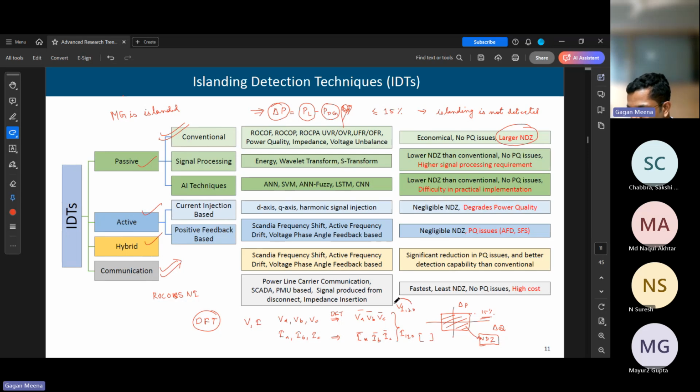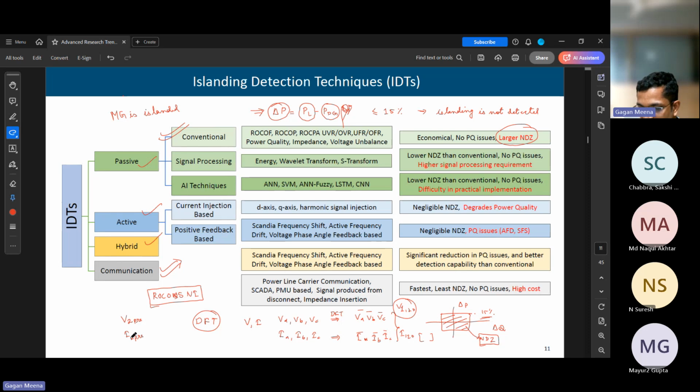Using that we can calculate the negative sequence, because here we want the rate of change of negative sequence impedance. Before the islanding, we know the negative sequence voltage and negative sequence current.